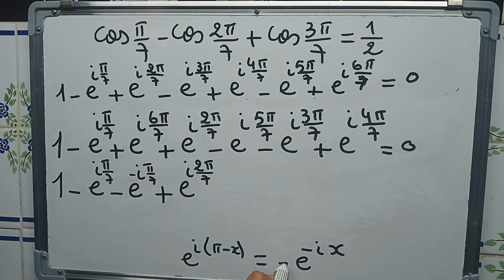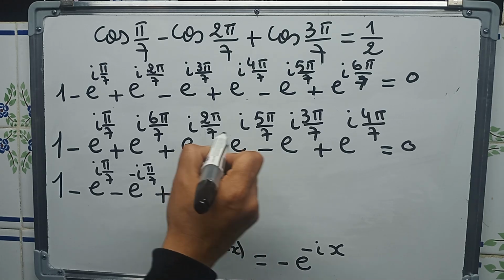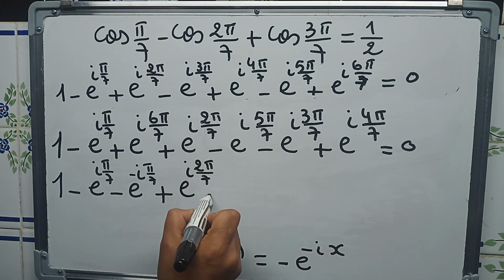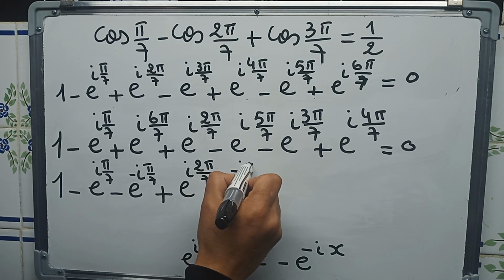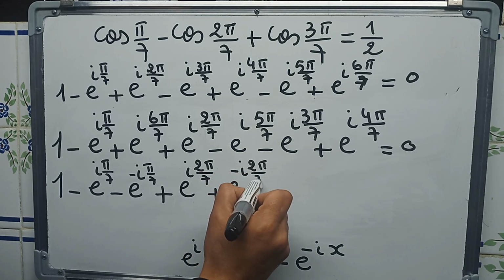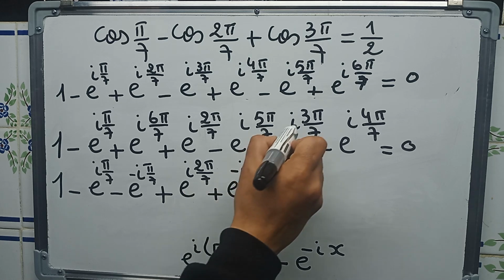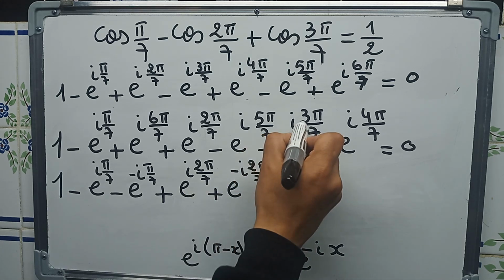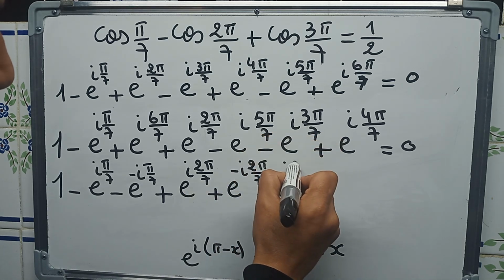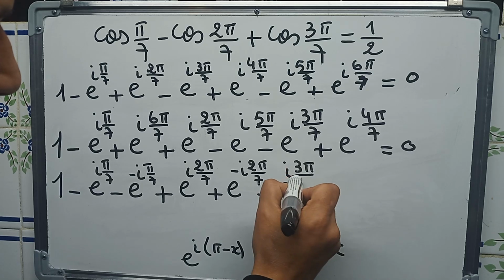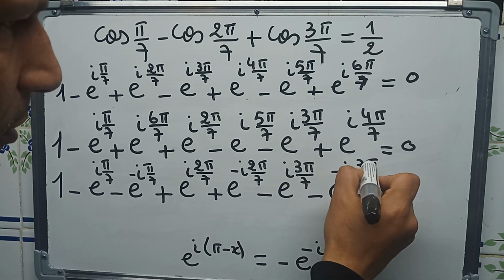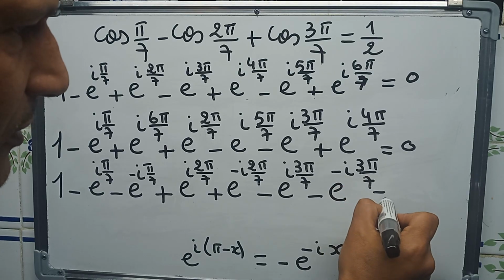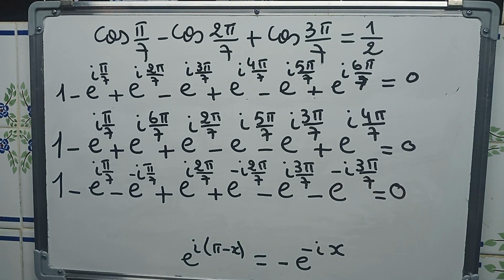So the same, but here minus with minus will be plus e^(minus i 2 pi over 7). And here, the last one, minus e^(i 3 pi over 7), e^(minus i 3 pi over 7), which is equal to 0.